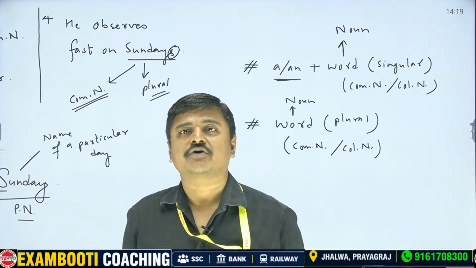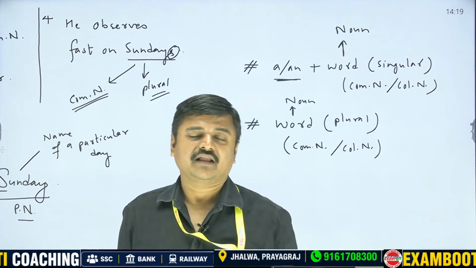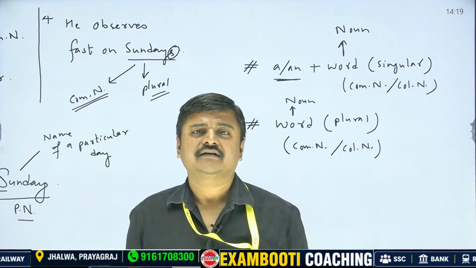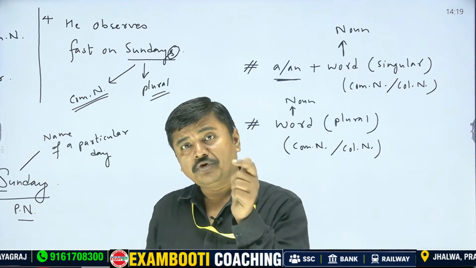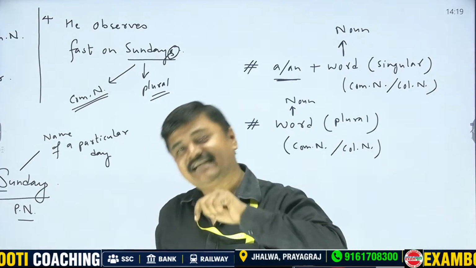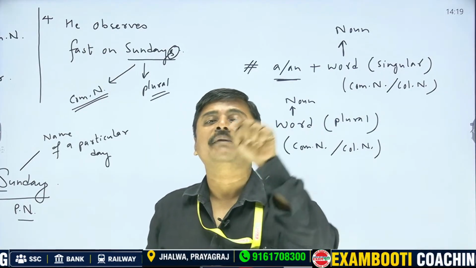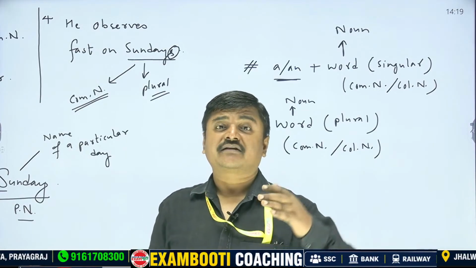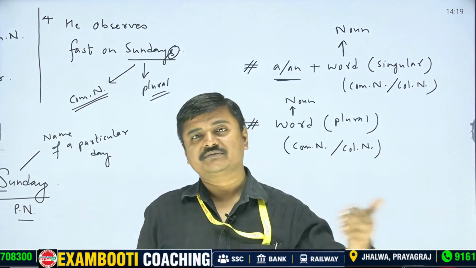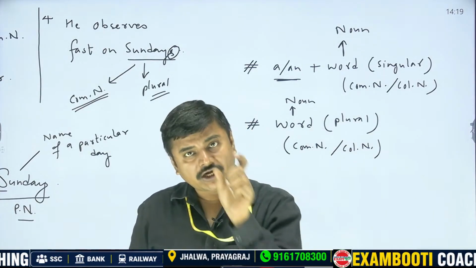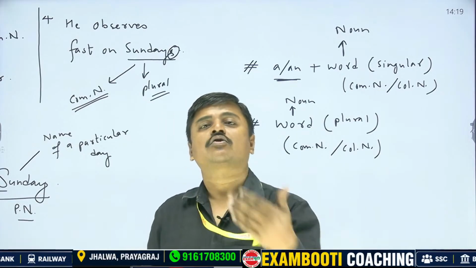Everybody's name is Tom, called common noun. Yes, if everybody's name is Tom, it means when you write Toms, at that time it becomes a common noun. When you say there are 3 Toms, there are 4 Toms, there are 2 Toms in this class, now the word Toms becomes a common noun.